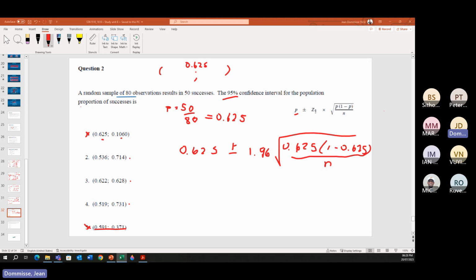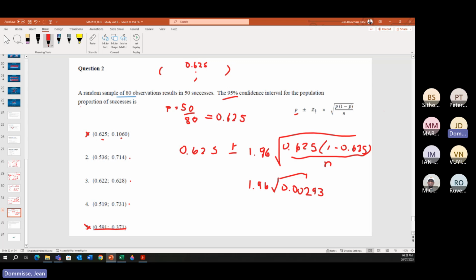N is 80. So if I look at what is underneath here, if you are working it out as well, 0.00293.